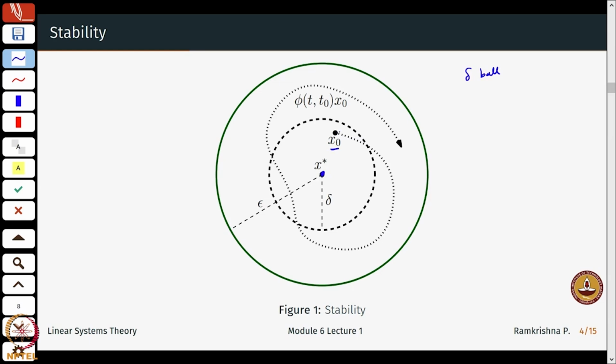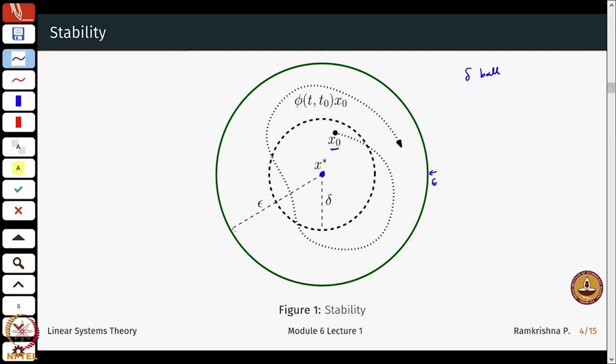So, the solution, if I just see this dotted line, the way it goes, is always confined to this epsilon ball, which is again the ball centered at x star and of radius epsilon.